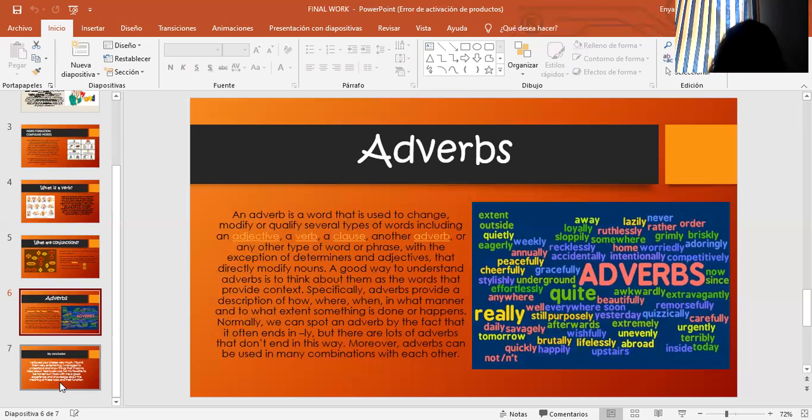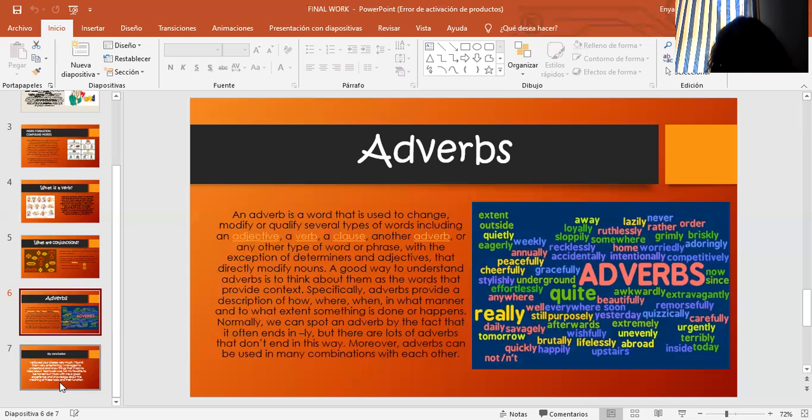Adverbs are often formed by adding the letters ly, as I said in the beginning, to adjectives. And how I say it helps us to modify an adjective, a verb, a clause, or an adverb.